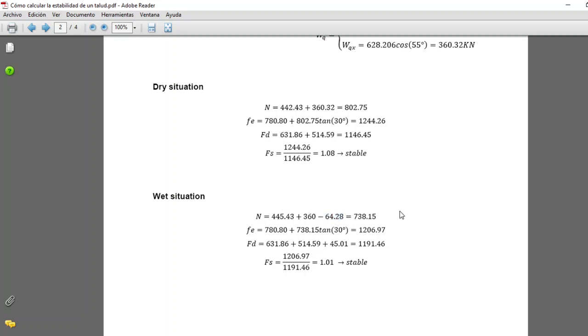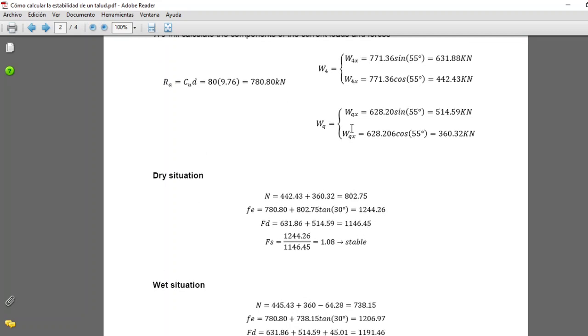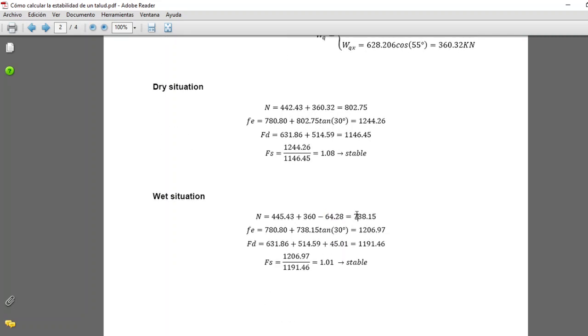Okay, to end, we need to use the component W4J plus the component of WQJ less this, and we have the result in 1138.15 kilonewtons.